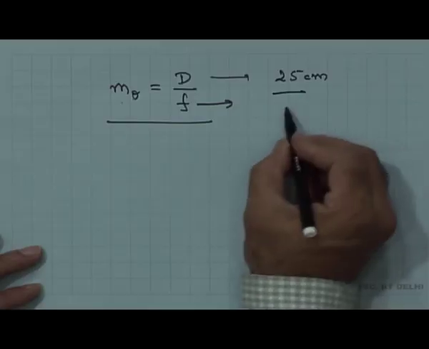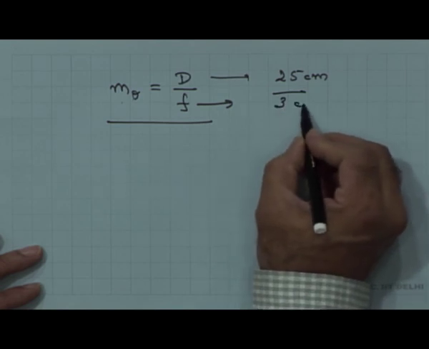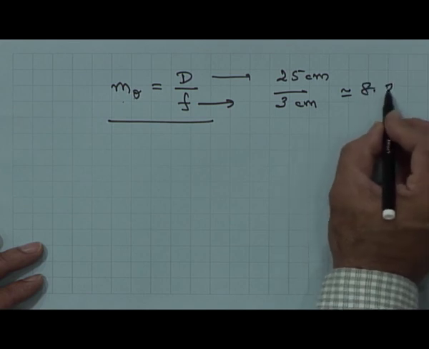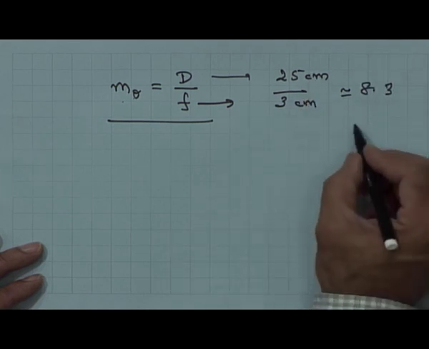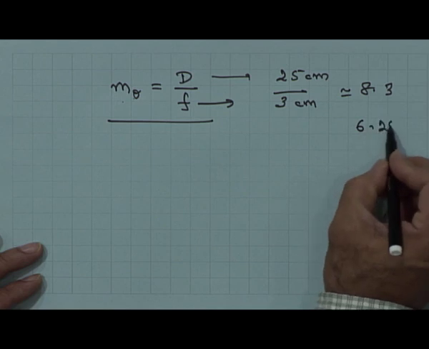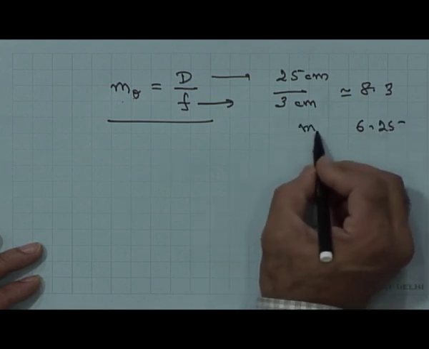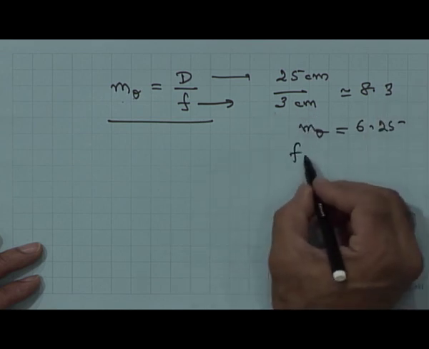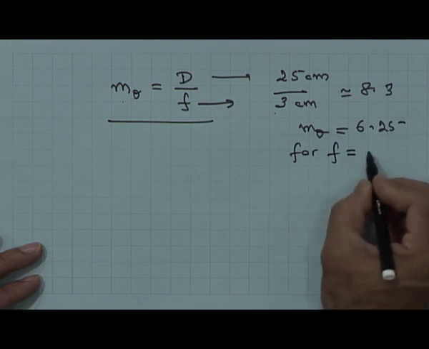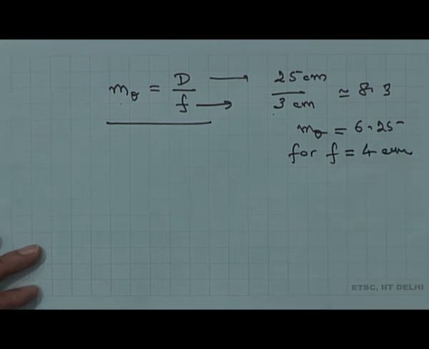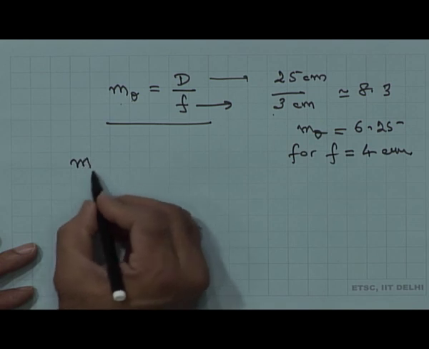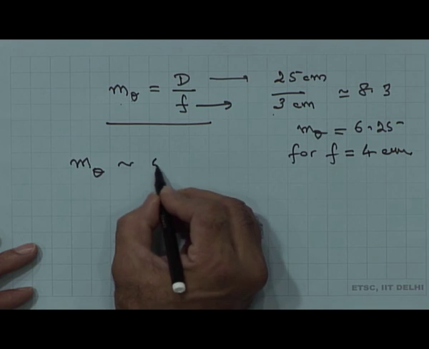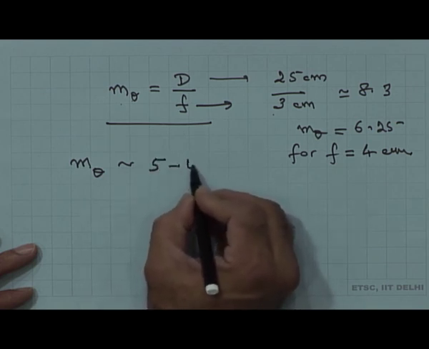If you substitute 3 centimeters here, this will be equal to 8.3. If you substitute 4 centimeters, this will be equal to 6.25. So, m theta is equal to 8.3 for f equal to 3 centimeters, and 6.25 for f equal to 4 centimeters. In other words, the angular magnification is typically in the range of 5 to 10, or 5 to 8.